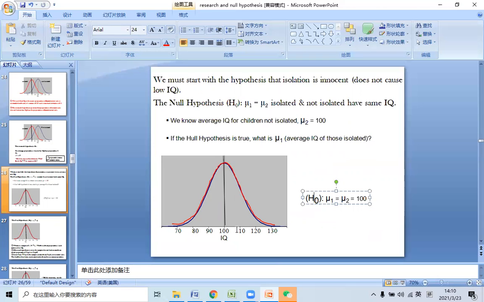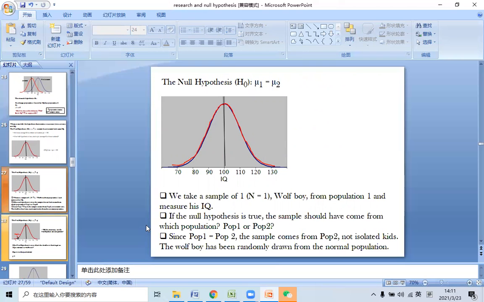And let's just pretend that one standard deviation is 10. According to the null hypothesis, socially isolated people would have the same parameters. They would also have a mean of 100, standard deviation of 10. That is the null hypothesis.